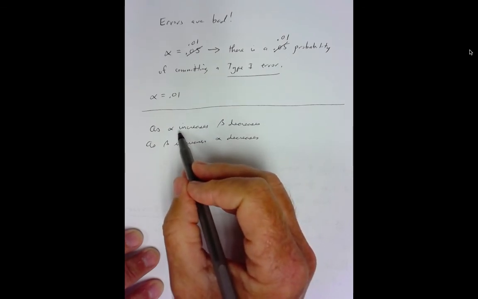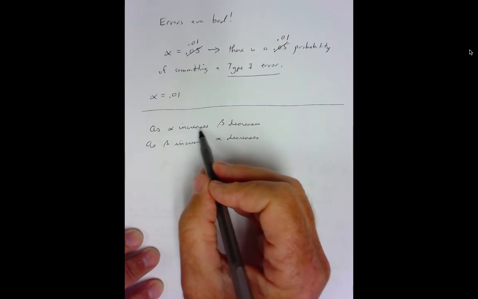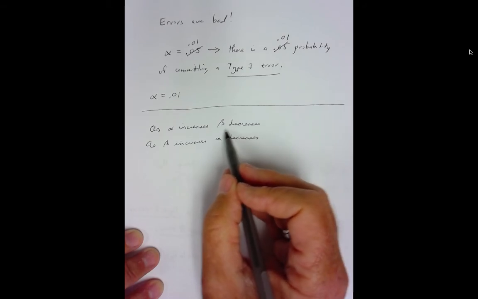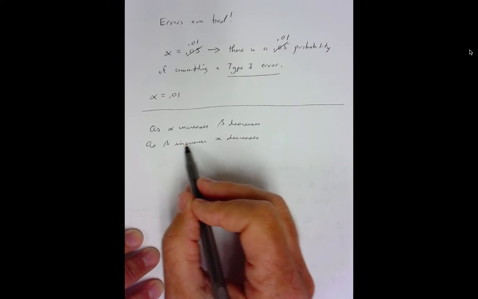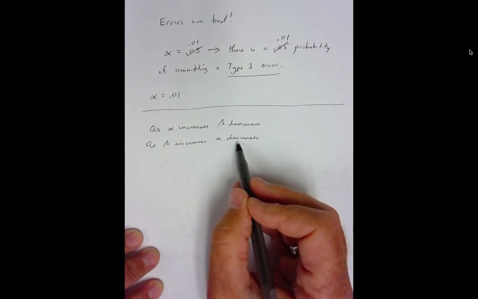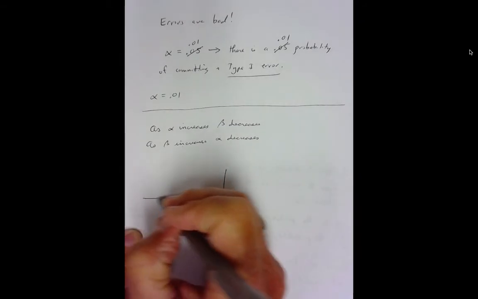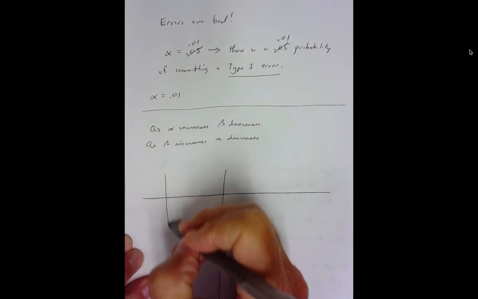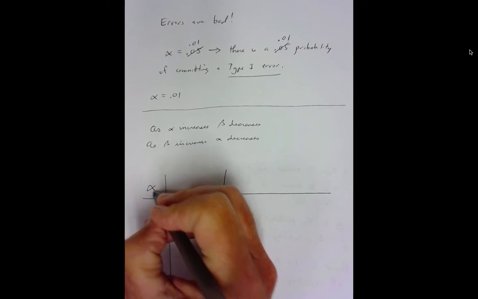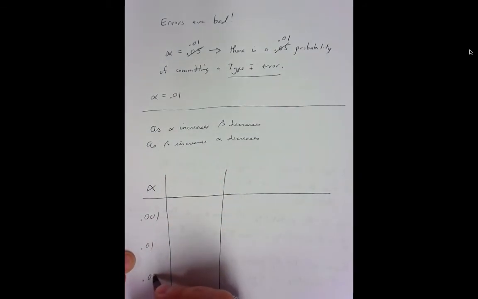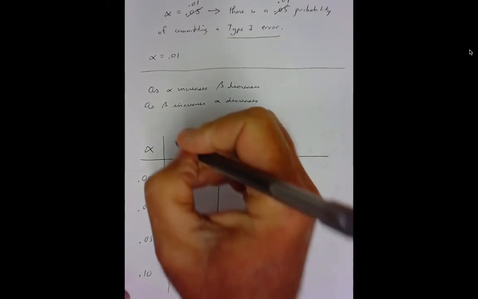When we set alpha higher, then the probability of committing a type 2 error decreases. When we set beta higher, the probability of committing a type 1 error decreases. So a way of thinking about that is to examine the 4 levels of alpha that I told you in a previous video that we may use.